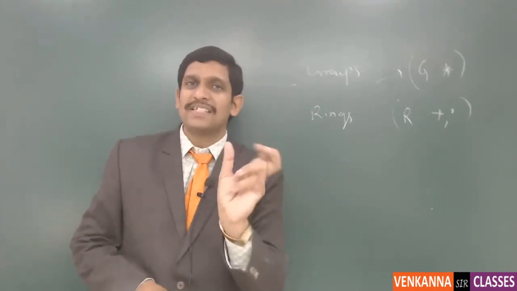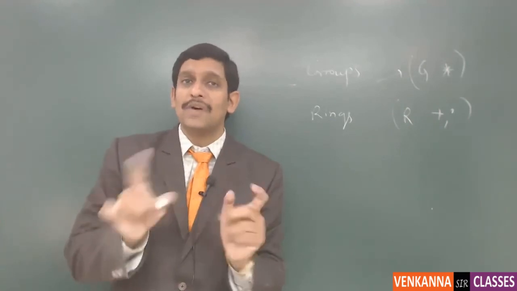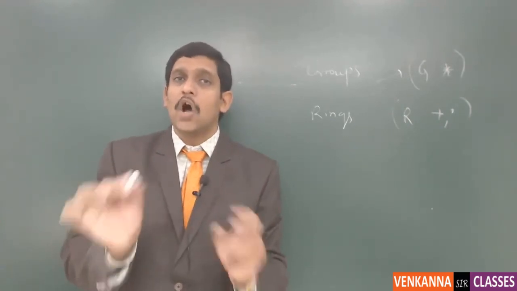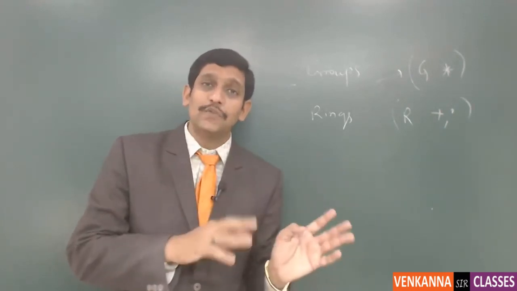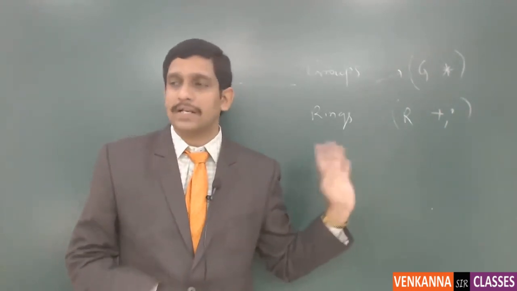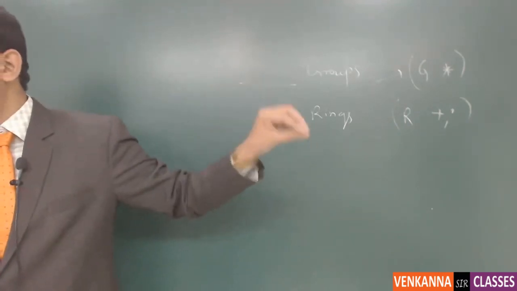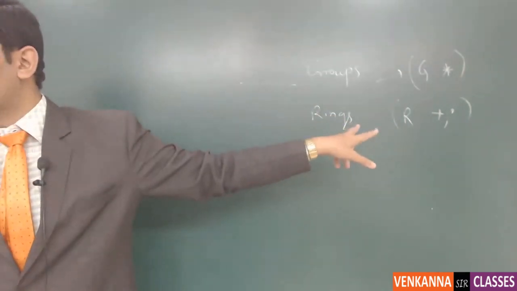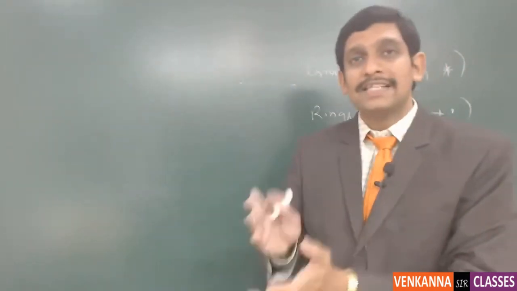So Z comma plus is a group. Now you take the second operation dot and check how many properties are satisfied by Z with respect to dot. Based on that, you classify whether it is a ring or not. So you are checking the properties or laws with respect to two binary operations and a single set. And there you will get subrings, etc.